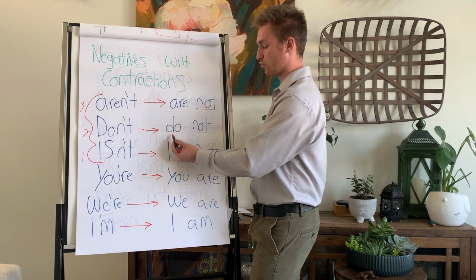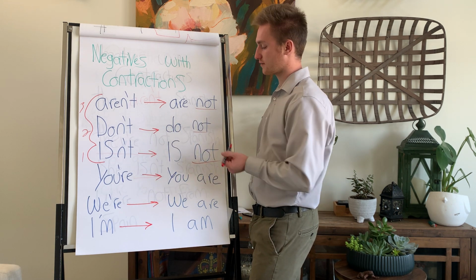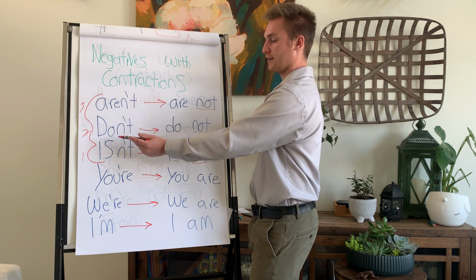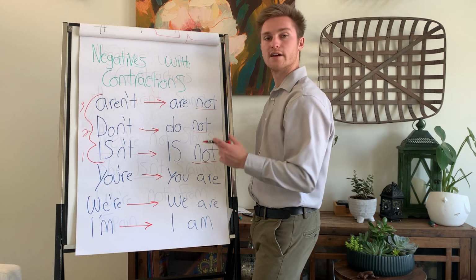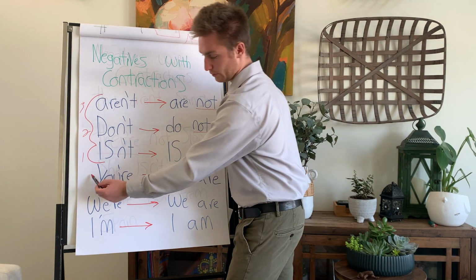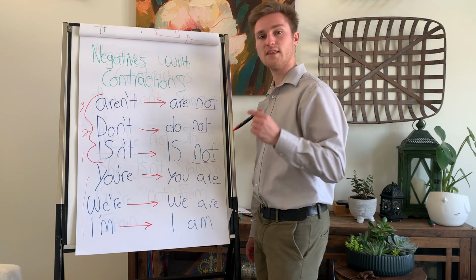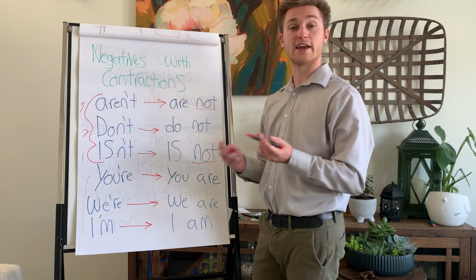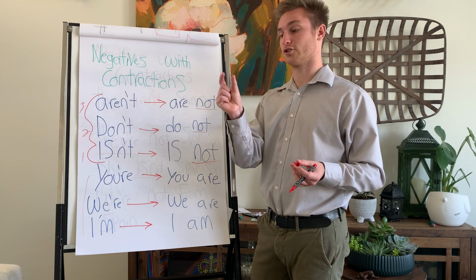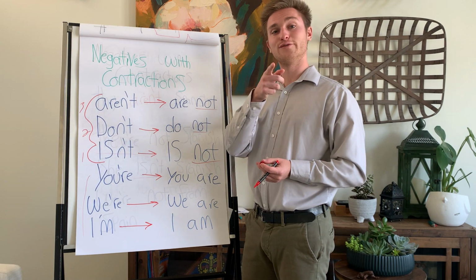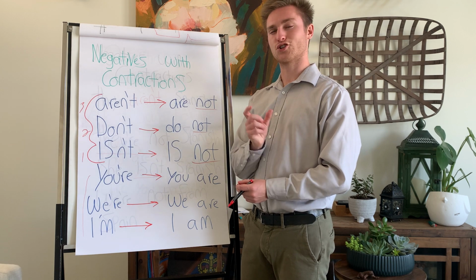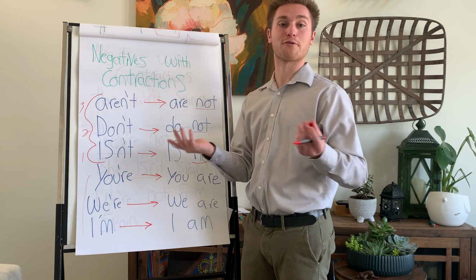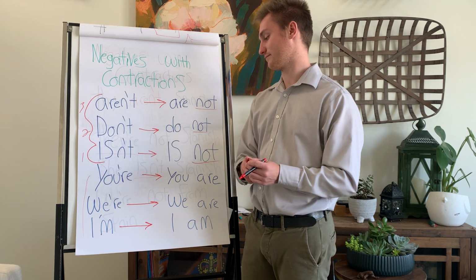Are not, do not, is not. Aren't, don't, isn't. The next contractions that we will look at here are not negative contractions. They are just regular contractions that are good to know. Contractions we use a lot in spoken and written English.